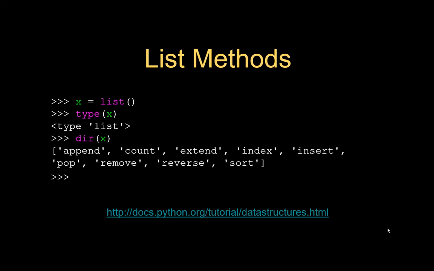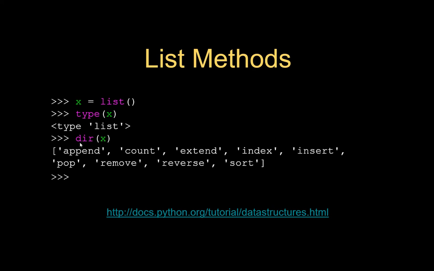Okay, so when we create a list, for example, our variable x, the content of variable x is a list. When we use the type function, we get that the type is a list.